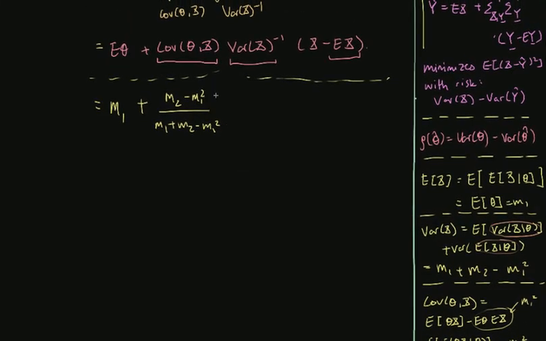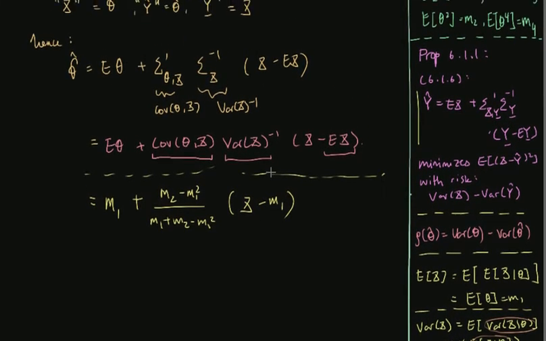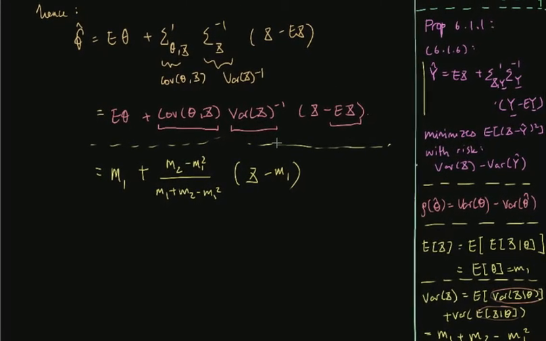And then I have to take this fraction and multiply it by x minus the mean of x, which we established is the mean of theta, and that is equal to m1. So now I have an expression for theta hat.